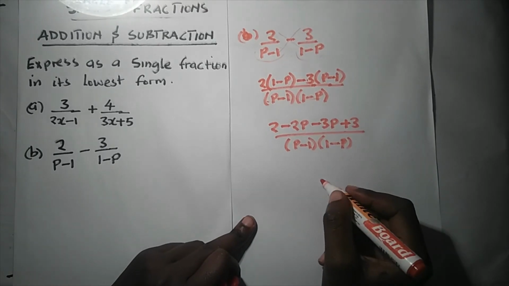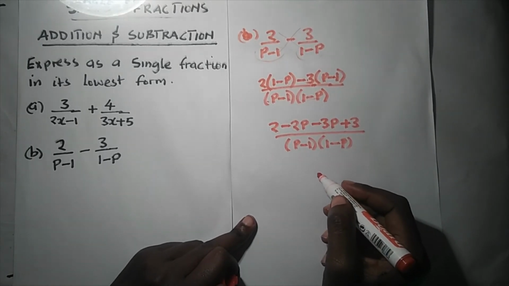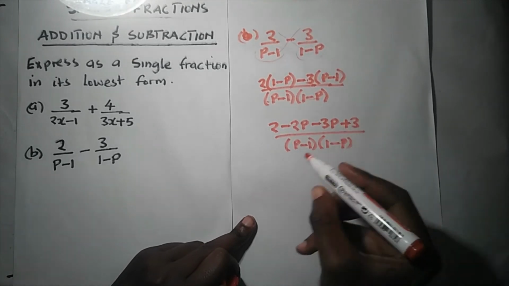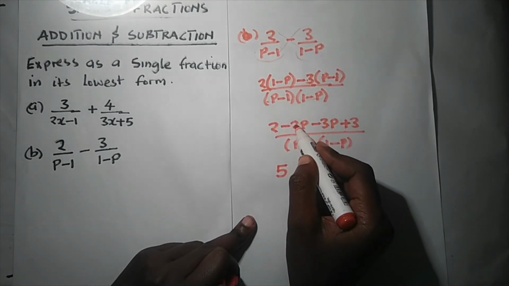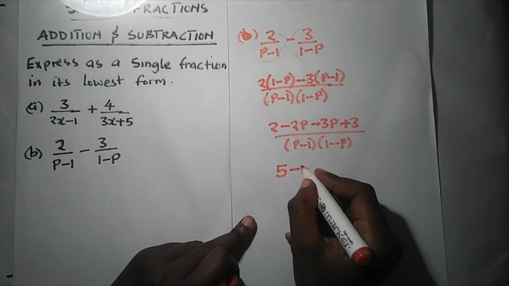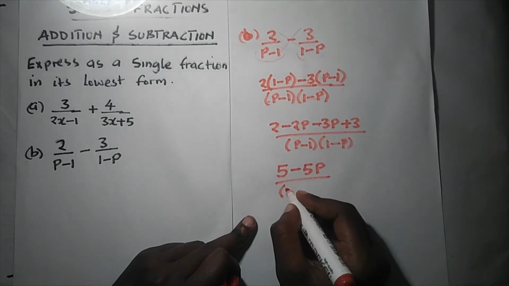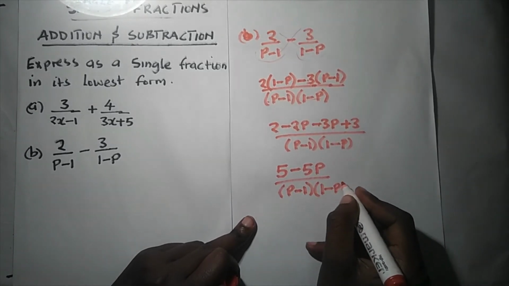Okay, so at this stage now, we are going to collect like terms. So 2 plus 3 will give us 5. Negative 2p minus 3p will give us negative 5p over p minus 1 and 1 minus p.